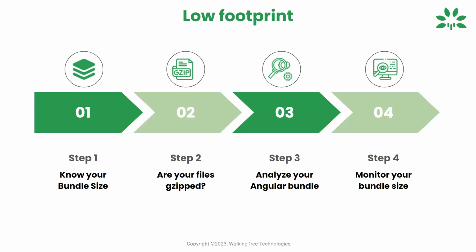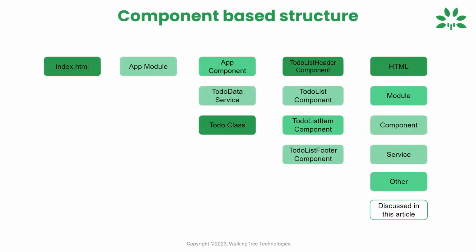We need to monitor the bundle size for any third-party libraries that we include. So as part of the low footprint, it gives a very minimal size to deploy in the servers, and because of that, the load time is very low.